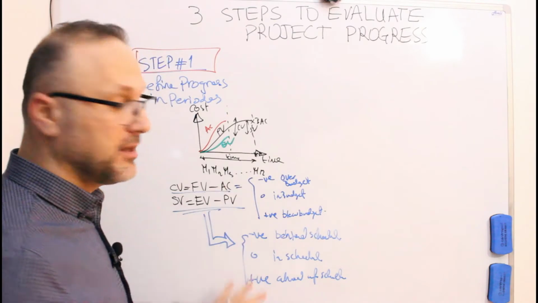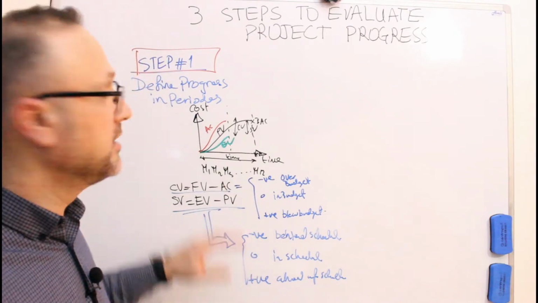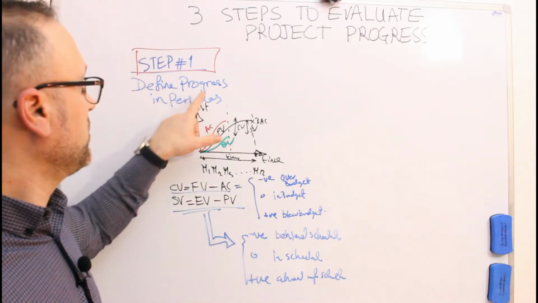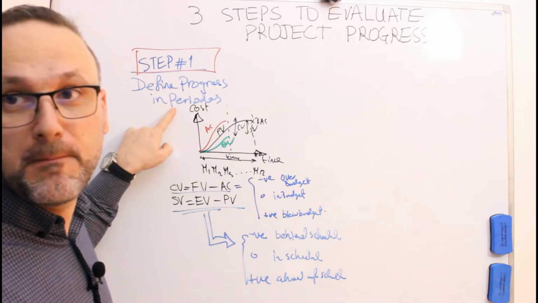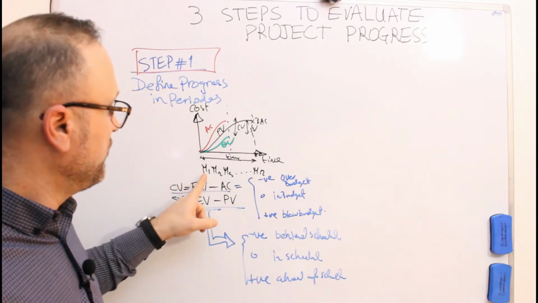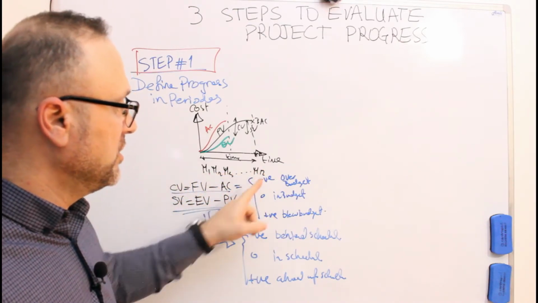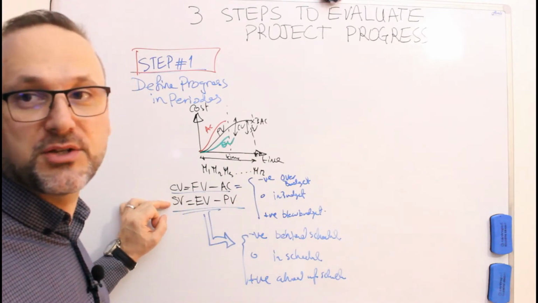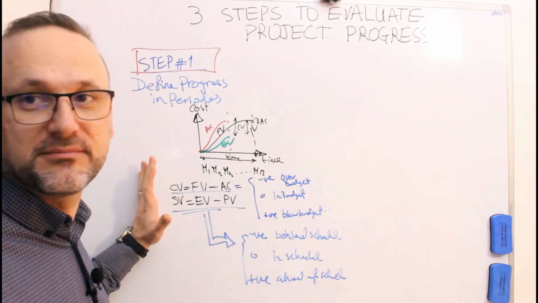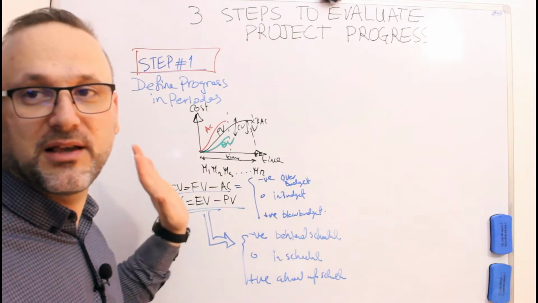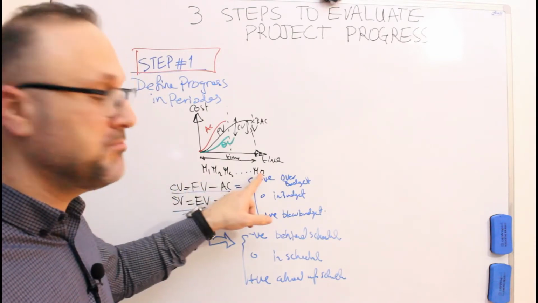This is simply step number one: define project progress in periods. How? For each and every month, you measure the cost variance and the schedule variance. Simply follow this formula and measure it with a simple Excel sheet.